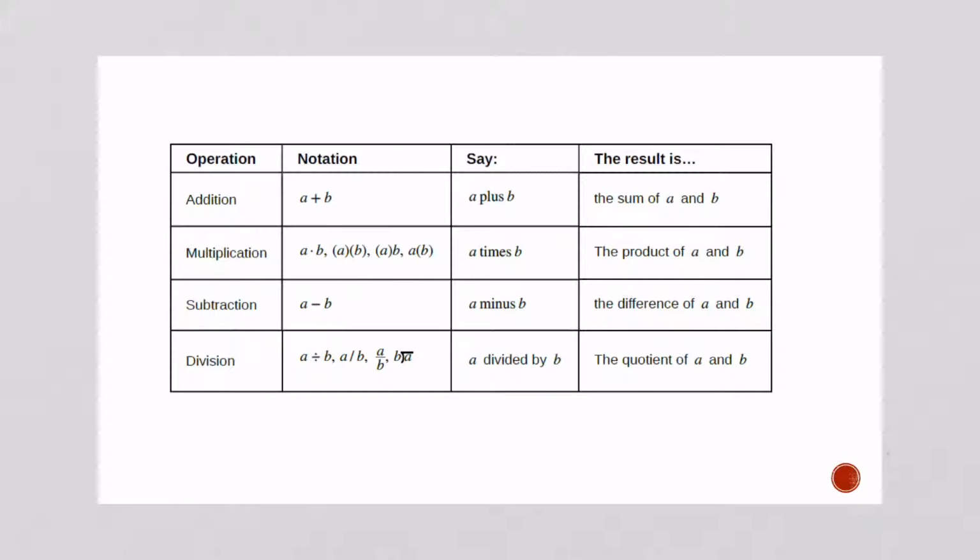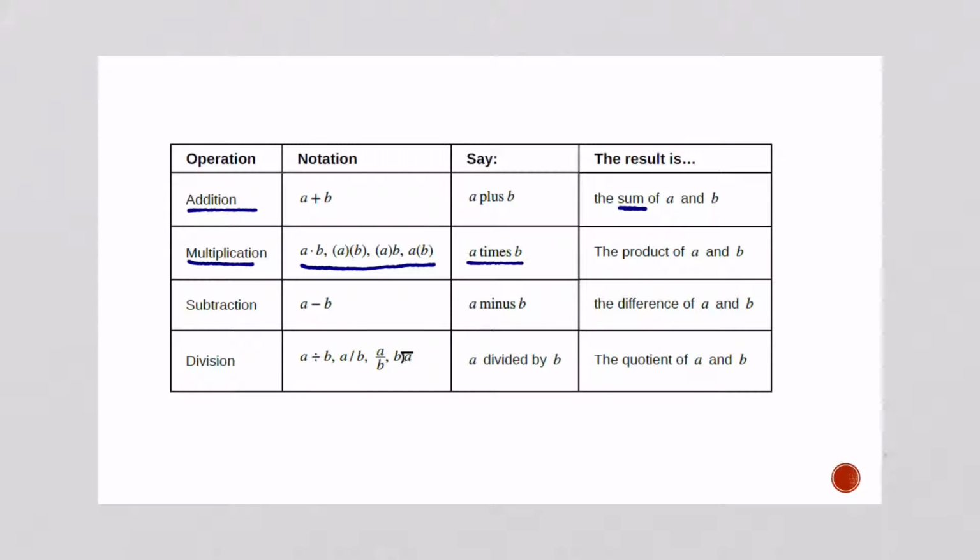Okay, so these are some typical operations and words that we use for those operations. For addition, we typically use the word sum. For multiplication, you're going to see all different kinds of notation here. I don't usually like to use the little dot in between so that you don't get confused with a decimal point, but I do use the parentheses a lot.